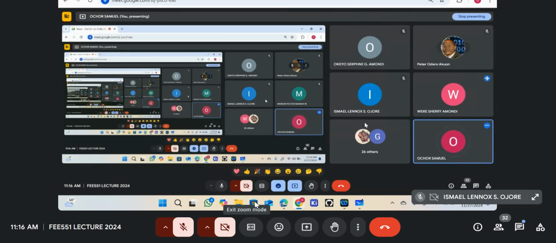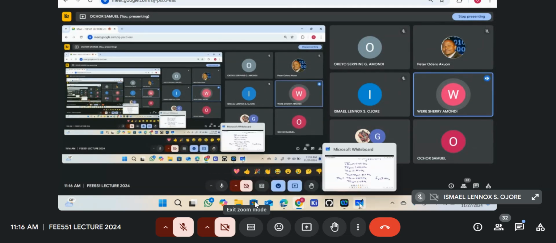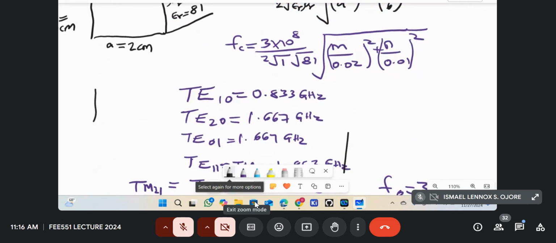I have a question. How do we determine whether it's TE or TM? Yeah, so find the cutoff frequency for TE11, for example. The formula is the same as finding the cutoff for TM11.